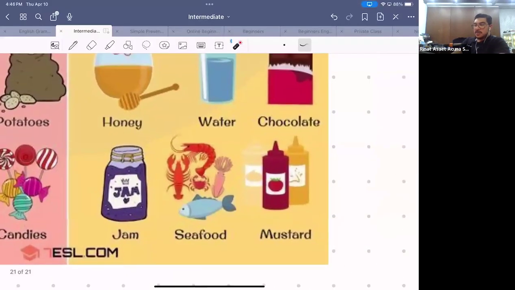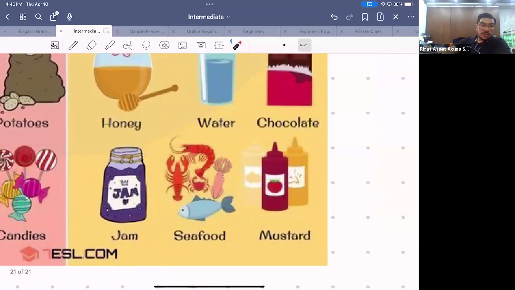Mustard, yes, mustard. Y mermelada, a ver. Tampoco. Mermelada se dice jam. Yes. Miren, ahorita les voy a enseñar. Espérenme. Estos fueron los que les costó trabajo. Tenemos seafood, jam y mustard. ¿Ok?